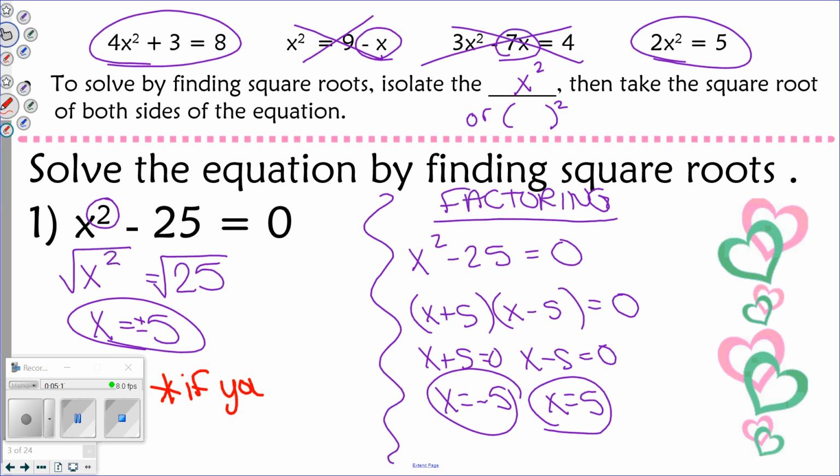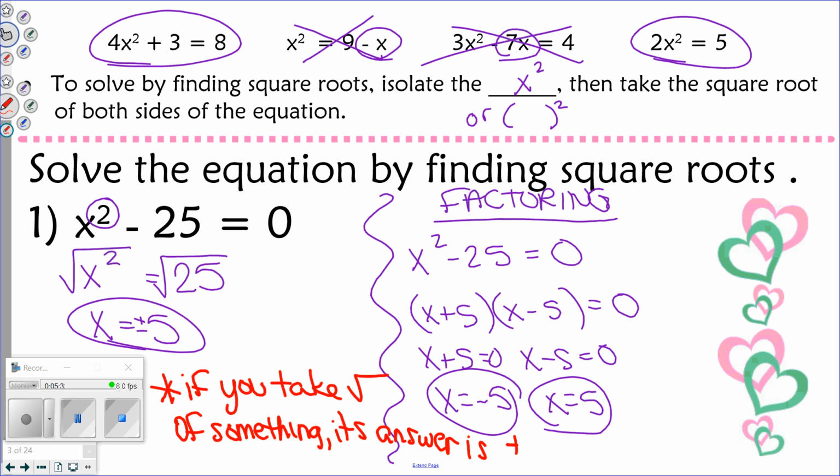If you take the square root, the answer is plus minus. Whatever you're taking the square root of, the plus minus attaches to that. That doesn't mean you do the entire problem and at the very end you throw a plus minus on it. That is not what that means. Whether you got other stuff to do afterwards or not, plus minus comes with that.